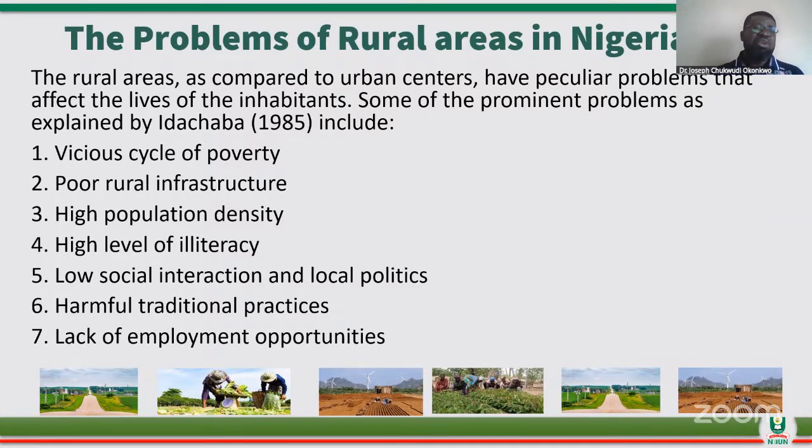Number 3, high population density. Number 4, high level of illiteracy. Number 5, low social interaction and local politics. Number 6, harmful traditional practices. Number 7, lack of employment opportunities. If you know these 7, you are good to go. But how can you explain them? Let me help you so you can be able to explain them.